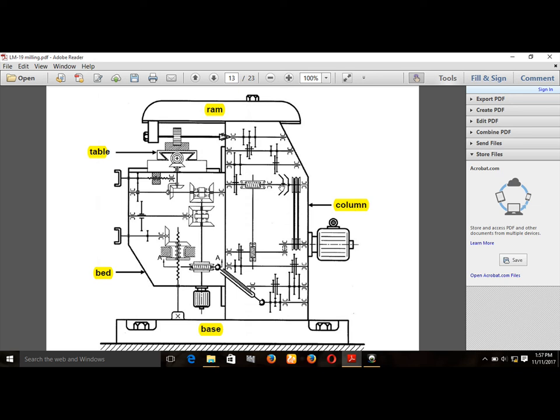The feed motion of the workpiece is mounted on the work table independently.